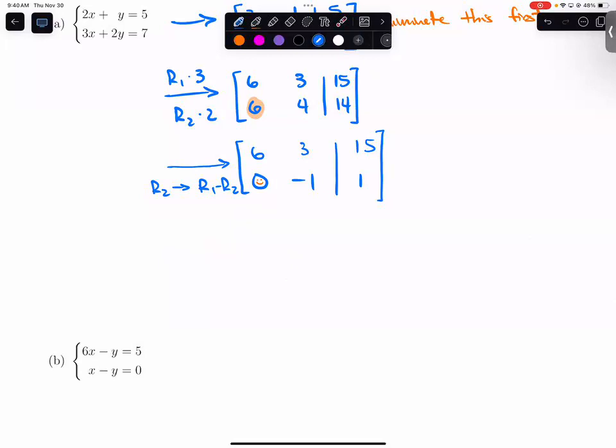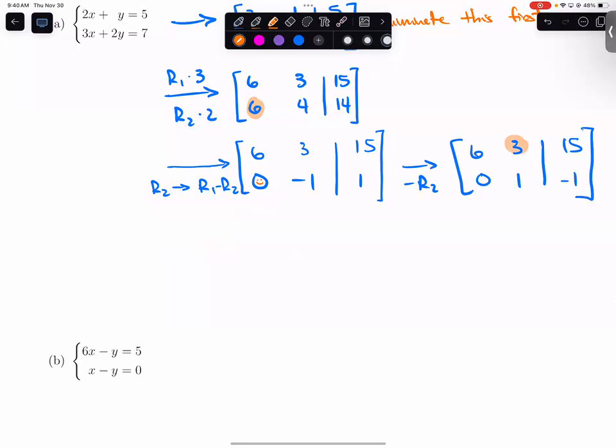All right, so real quick, I'm going to flip the sign on the bottom row, just for the sake of going after this reduced row echelon thing. So -1 times row 2. Next thing I'm going to go after is eliminating that.